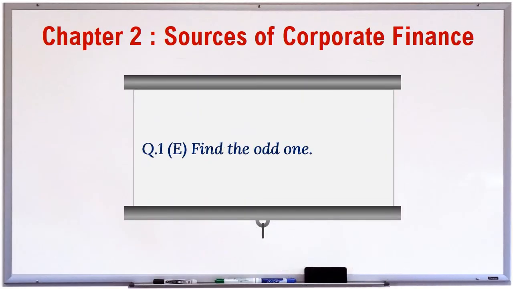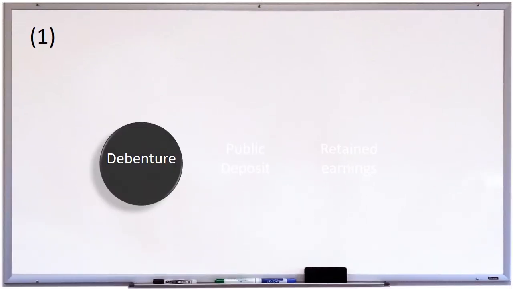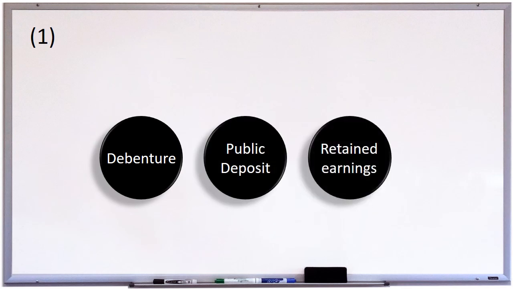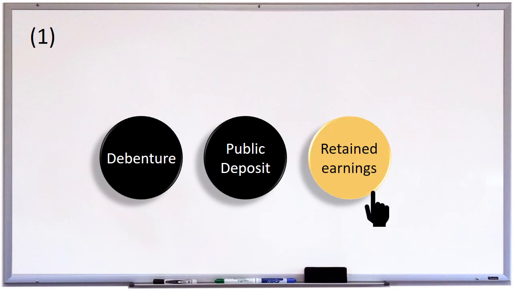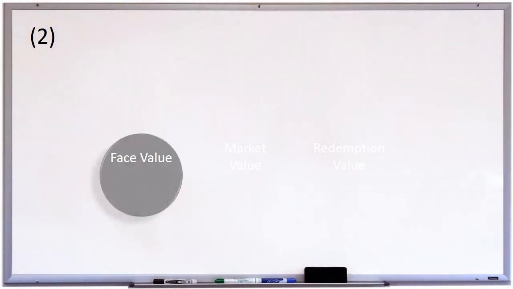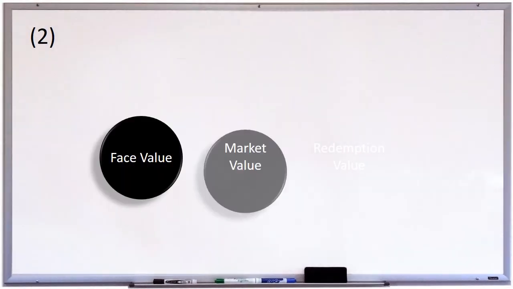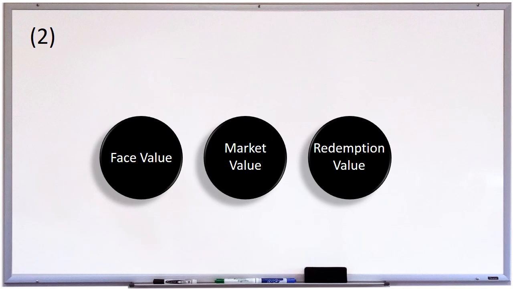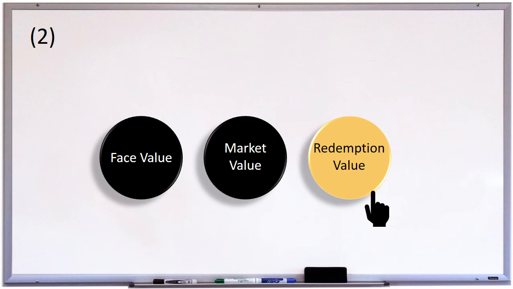Question 1. E. Find the odd one. Debenture, public deposit, retained earnings, and the odd one is retained earnings. Face value, market value, redemption value, and the odd one is redemption value.